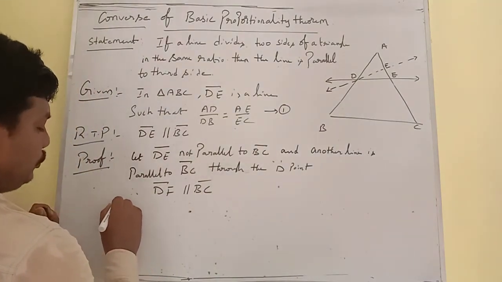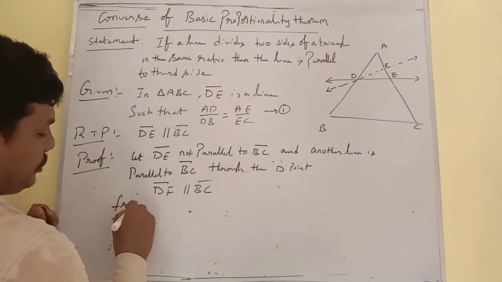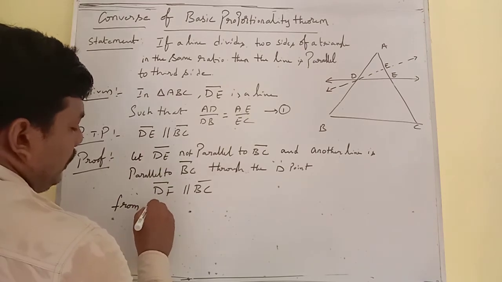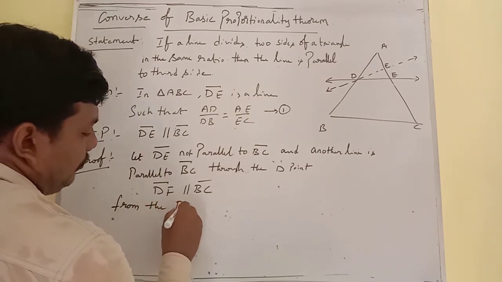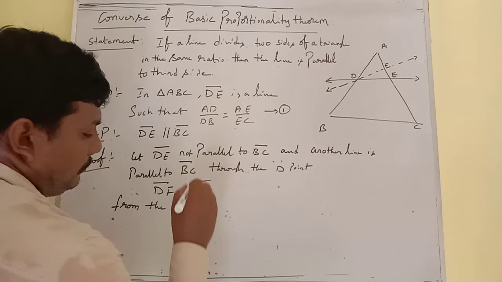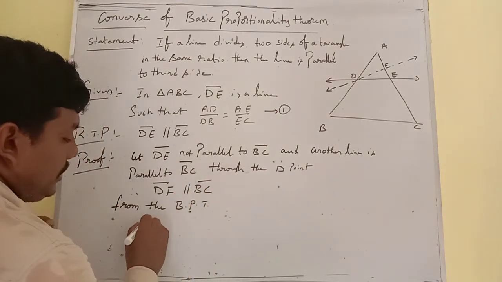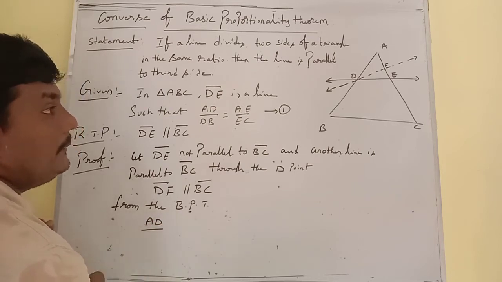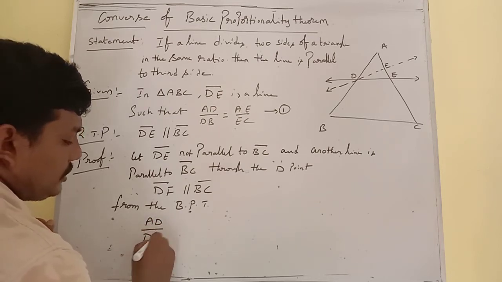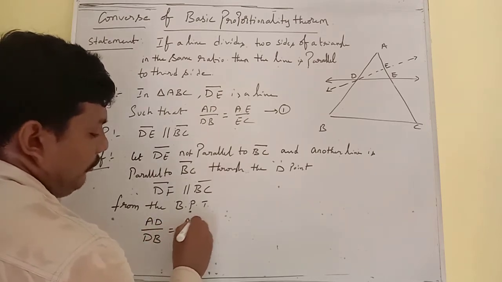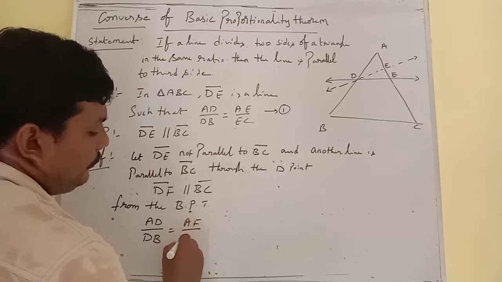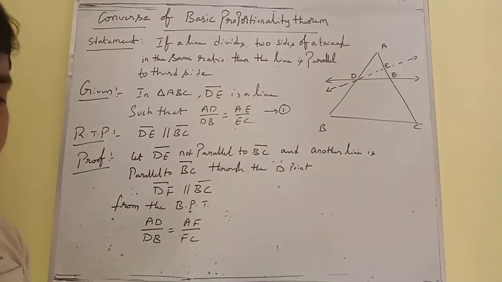Therefore, from the basic proportionality theorem, what we concluded is that AD by DB is equal to AF by FC.